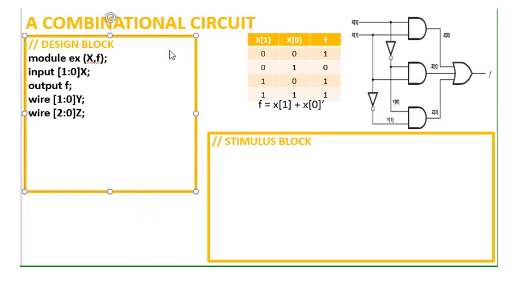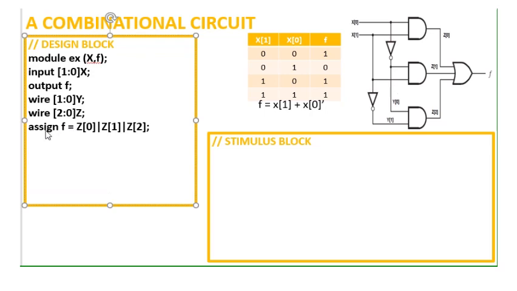Now describing the expressions. I will start with the last expression first. Say assign f equal to z of 0 or z of 1 or z of 2. So this is the expression for f.